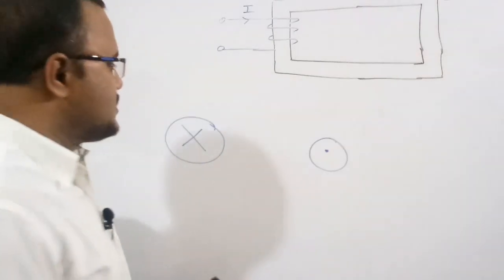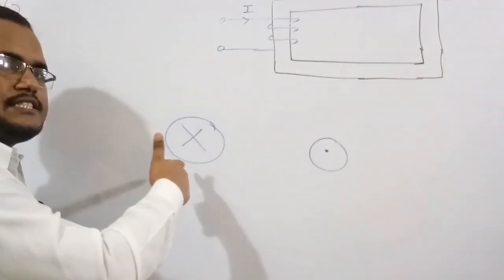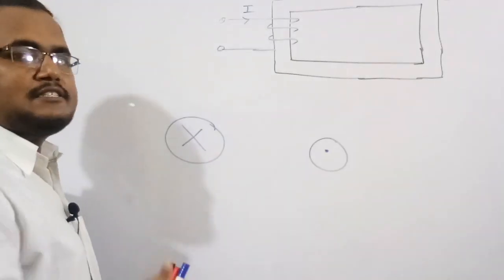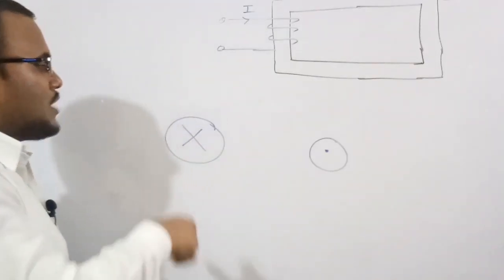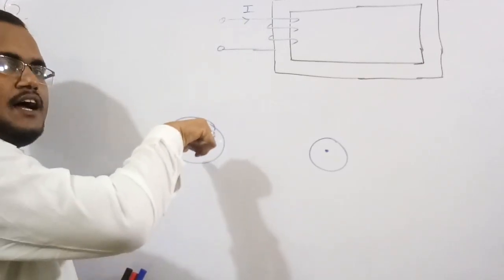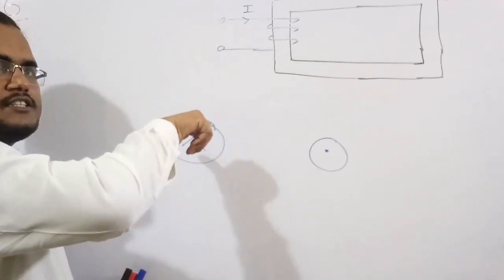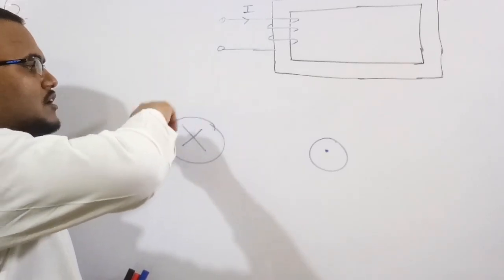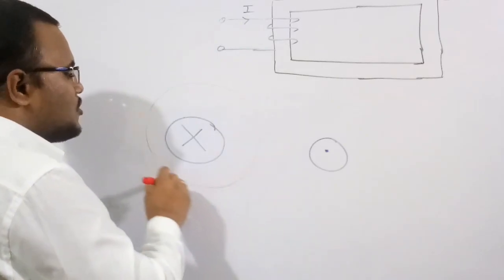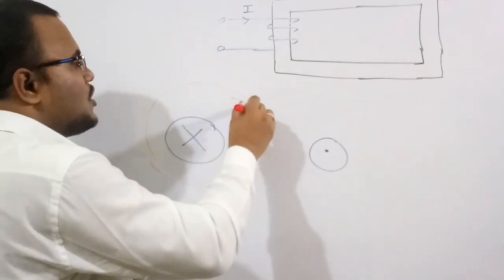So what I am trying to do is, whenever the current is going inside this board, by using the right hand thumb rule we are able to figure out the direction of the magnetic field. As the current is going inside this board, keep the thumb in the direction of the current and curl the fingers. If you curl the fingers, you are curling in a clockwise direction. So therefore the magnetic field around the wire, B bar, is in a clockwise direction.